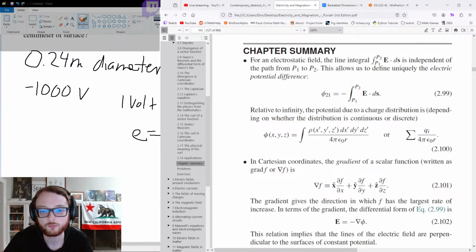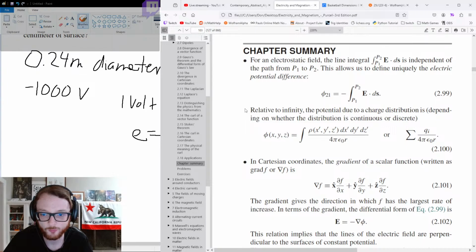Oh, maybe we do want this. Because we would know that phi is minus 1,000. We treat the basketball as a point charge. What would our R be? Maybe the edge, like the surface of the basketball?